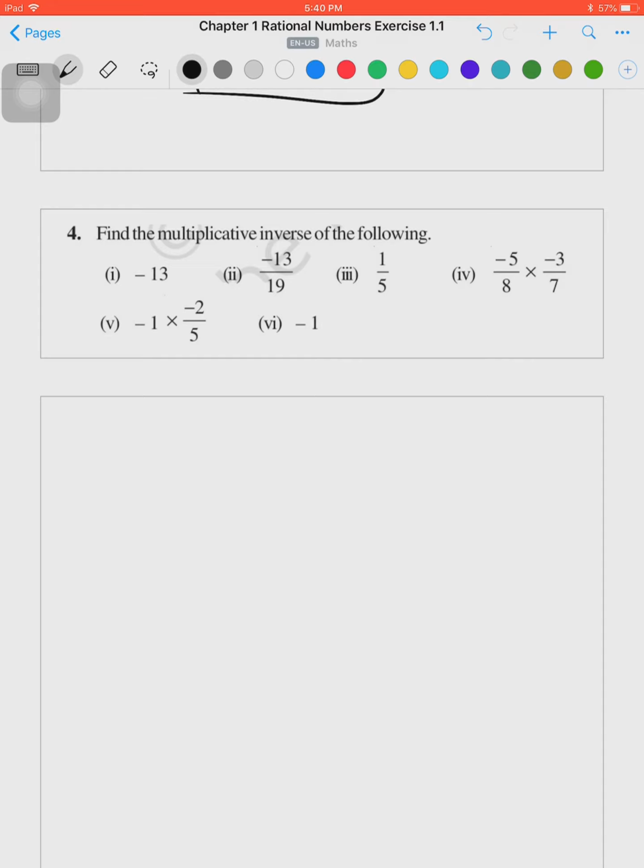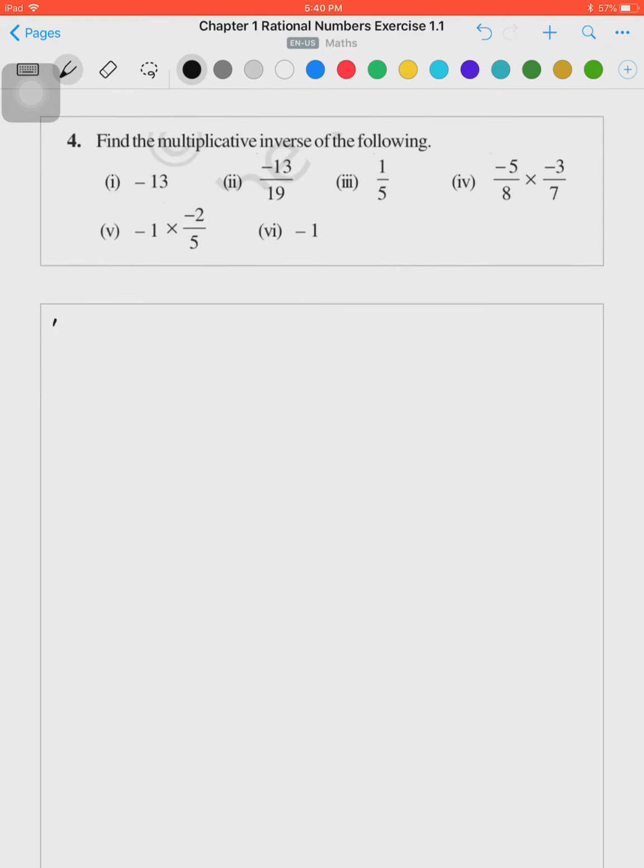Multiplicative inverse means there should be a number which when multiplied to the original number, the result will become equal to 1. So the question is, what should be multiplied to this given number so the result will become equal to 1. First one we have minus 13. Now the question is, what should be multiplied to minus 13 so that the result will become equal to 1.